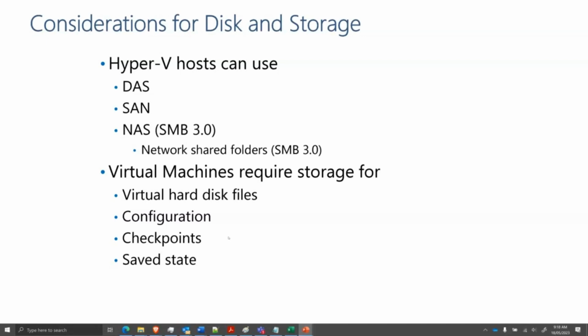Virtual hard disk files and configuration files are easy to understand. But checkpoints is another word for snapshots. VMware uses the term snapshots, Microsoft uses checkpoints, and it means the same thing. Saved state is easy to understand as well. When you pause a virtual machine, the pause state is that saved state.